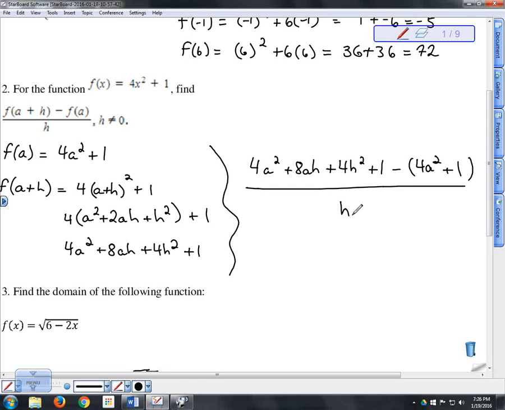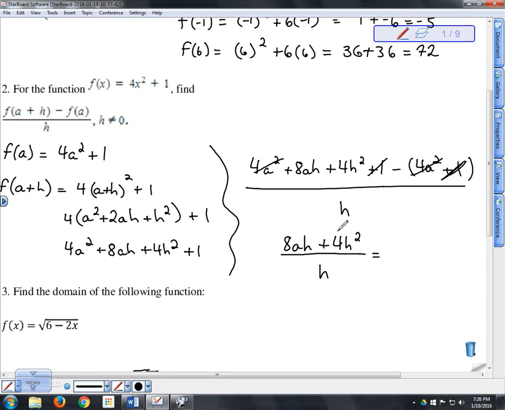Now at this point, a lot of terms in the numerator should cancel. The 4a squared, negative 4a squared, positive 1, that really is a negative 1 if you were to distribute that minus sign. So you have 8ah plus 4h squared all over h.